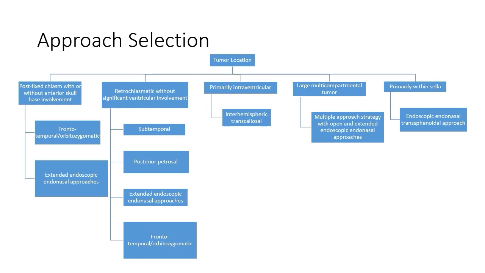For tumors with a postfixed chiasm, frontotemporal orbitozygomatic or extended endoscopic endonasal approaches are often selected. For tumors that are retrochiasmatic, multiple approaches have been described.